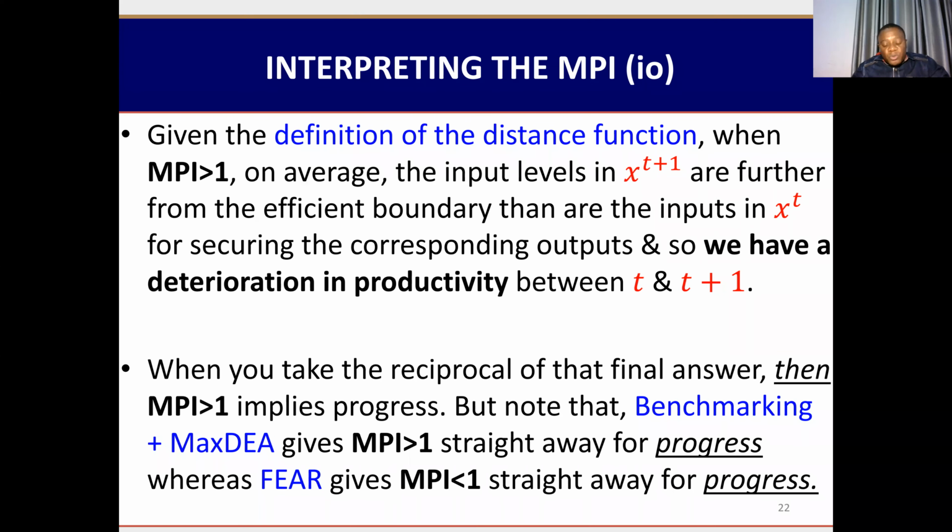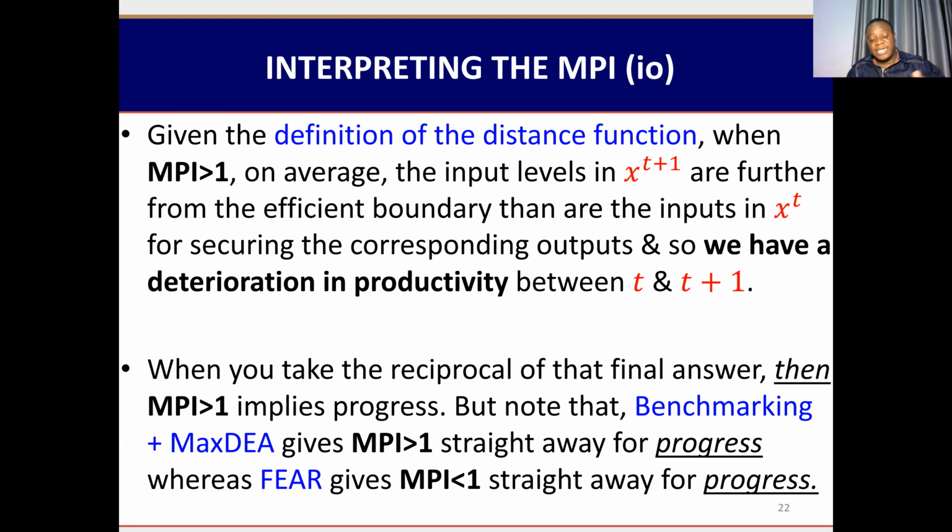So if you have 2.2, that will mean progress straight away. But if you are using the FEAR package, when you have an MPI of 2.2, that is not progress; rather, when you have an MPI like 0.6, that is progress. So with FEAR, Frontier Efficiency Analysis with R by Wilson, you will notice that you need to take the reciprocal.